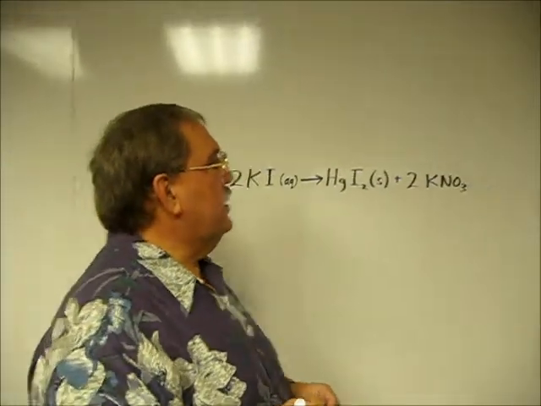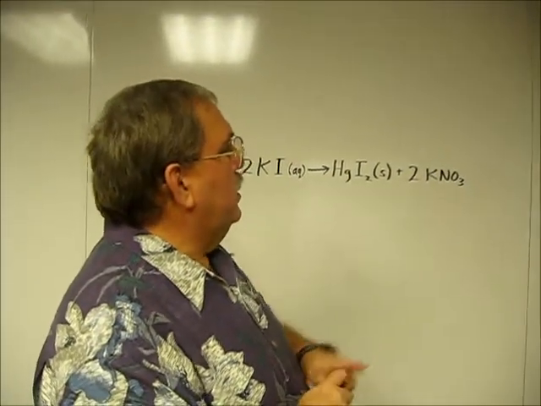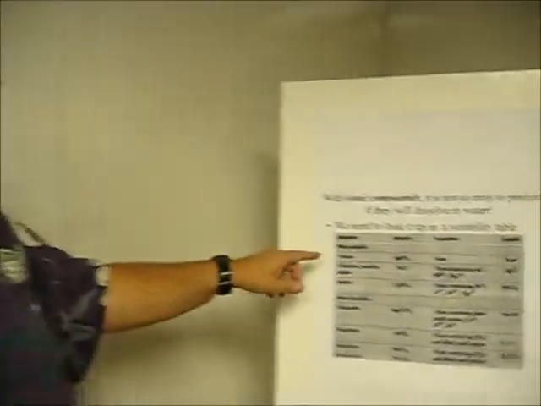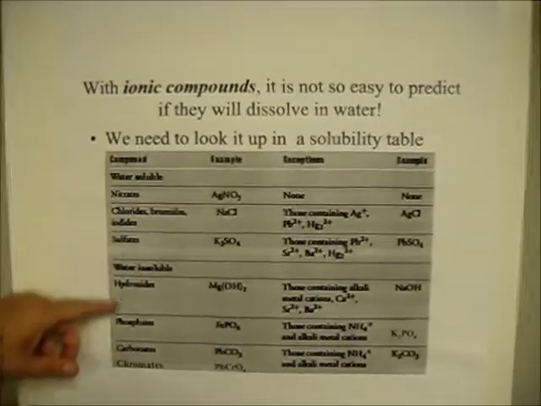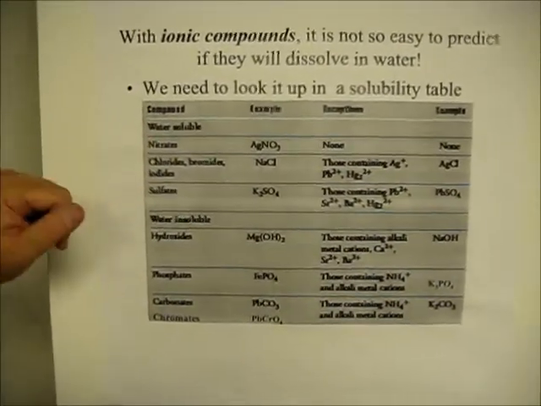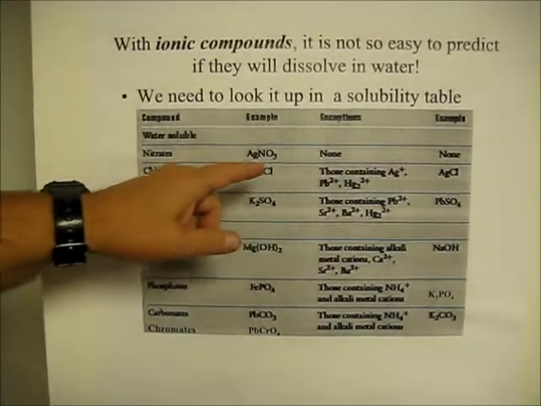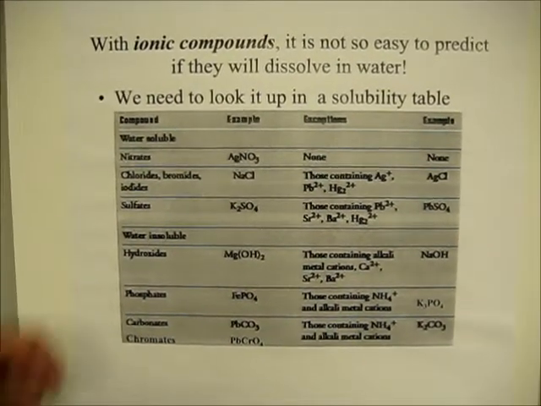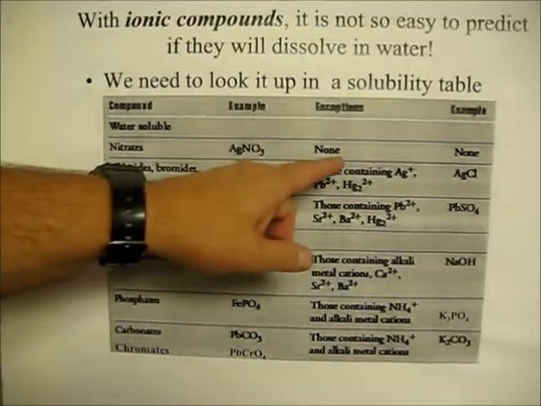With respect to the potassium nitrate, we look at the nitrate anion on the chart, and we see under the compound column nitrates, and they are expected to be water soluble or aqueous. Any exceptions to that? It shows none.